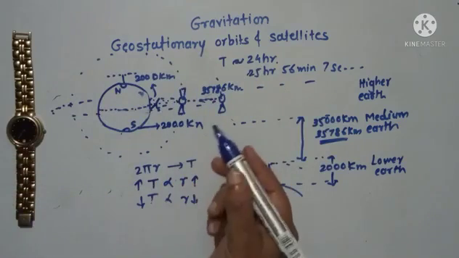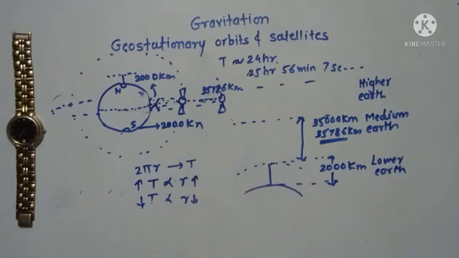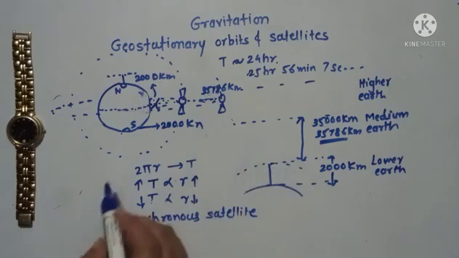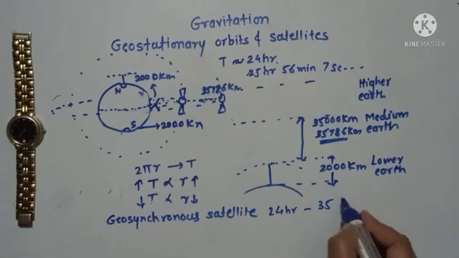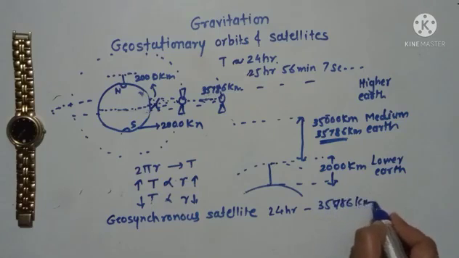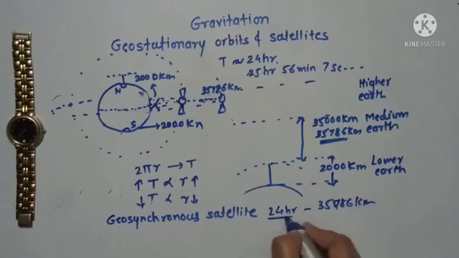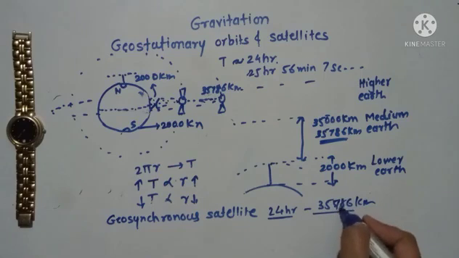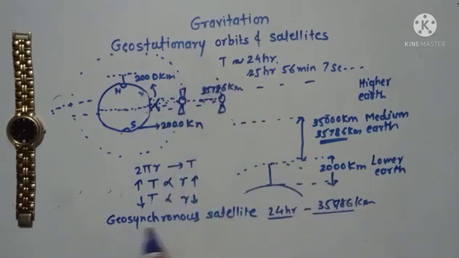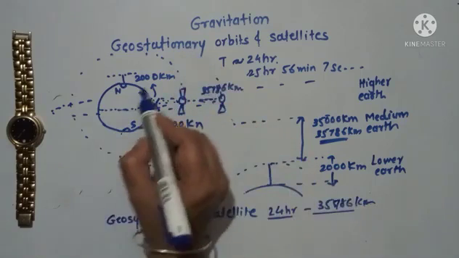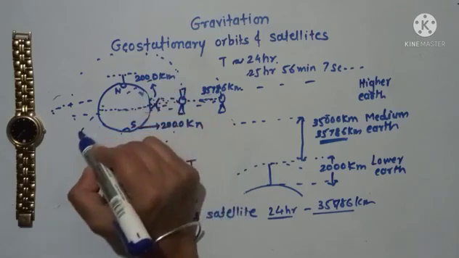There are some satellites which are called geosynchronous satellites. I'll write it here. Geosynchronous satellites also have a time period of 24 hours. They are also revolving at a distance of 35,786 kilometers. So the time period of revolution and the height of the orbit are exactly the same as those of the geostationary orbit, but this is not necessarily on an equatorial plane, so it might be inclined like this.